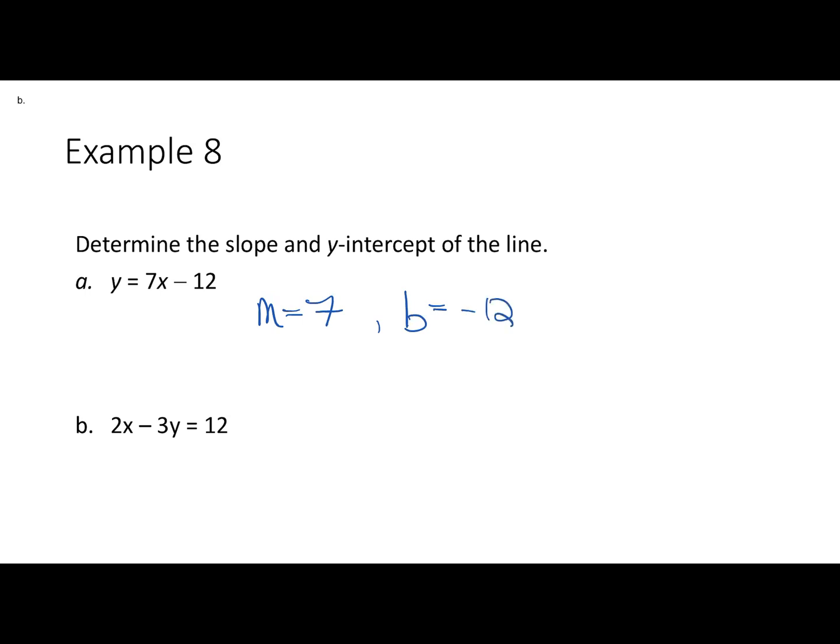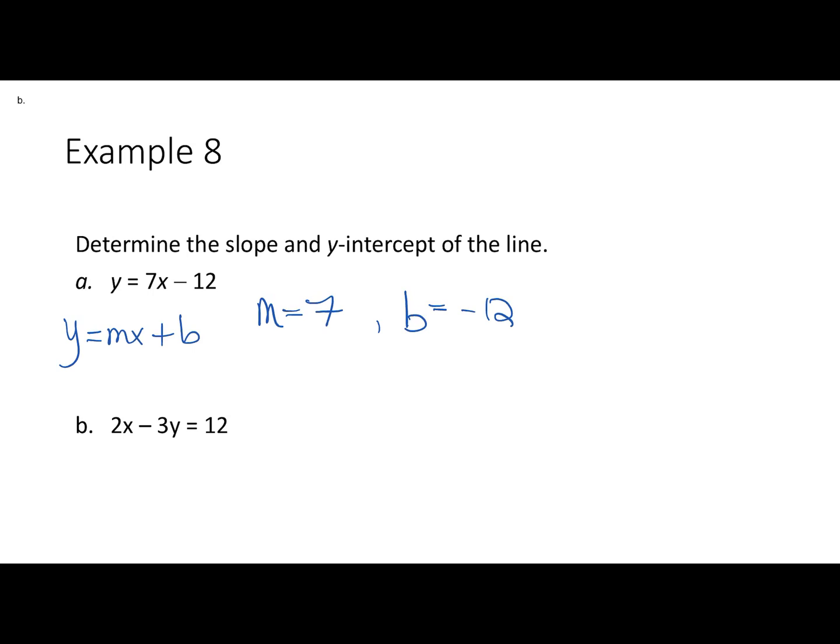Too easy. Whenever it's in slope-intercept form, you just look at it. y equals mx plus b. Easily identify the slope. But whenever it's in general form, you have to rewrite your problem and then get to work. Rewrite your problem in slope-intercept form.